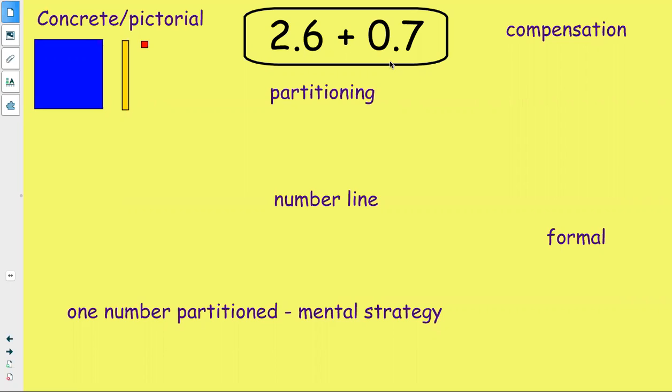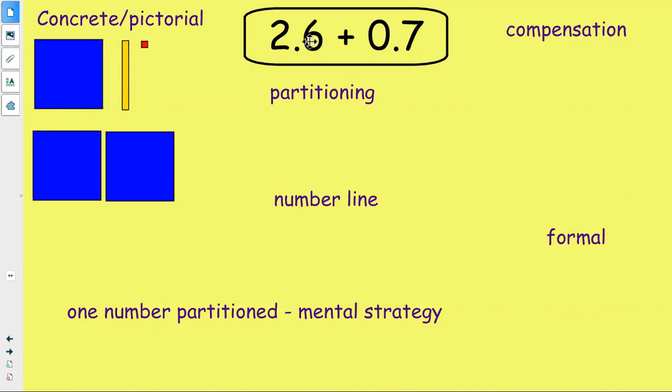It's pictorially in this, but if we were to do it in class, we would actually use concrete material. So if we were to take 2 units, that would be your 2 units. And how would I represent 6/10?